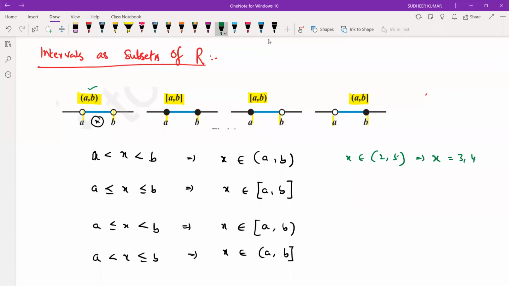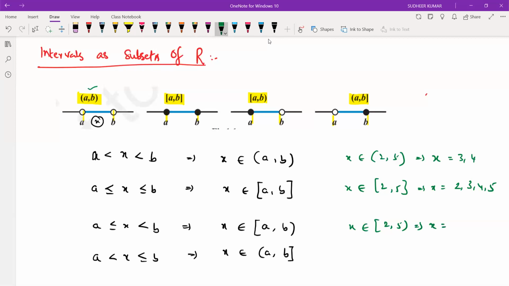If x belongs to closed interval 2 to 5, then x can take these values also: 2, 3, 4, 5. That's the meaning.